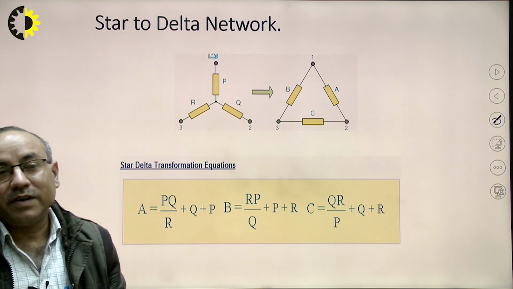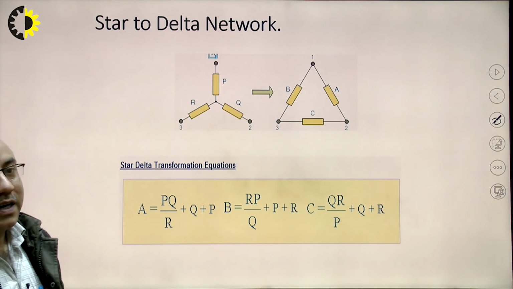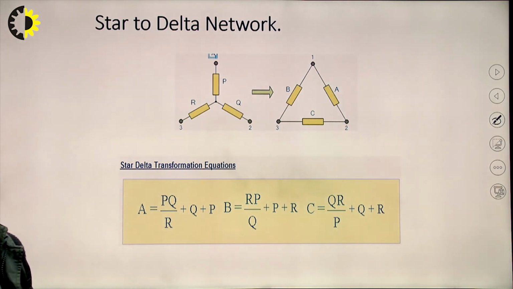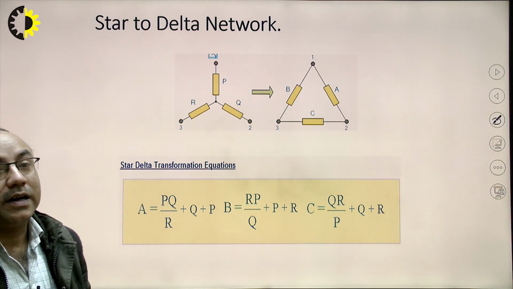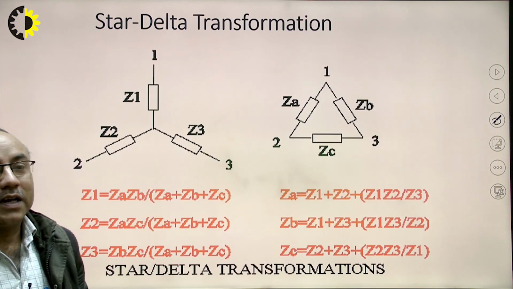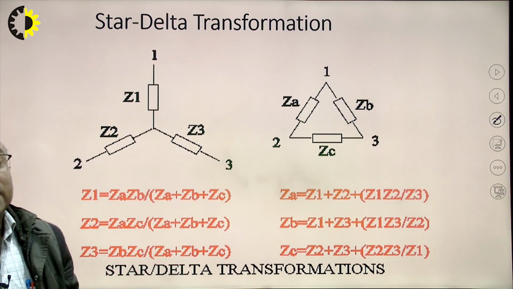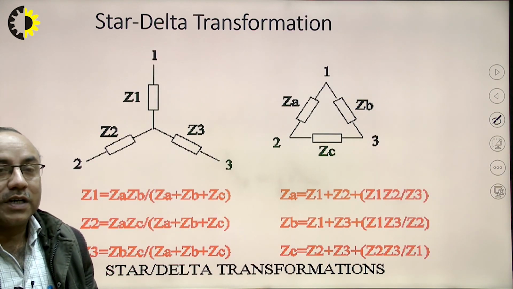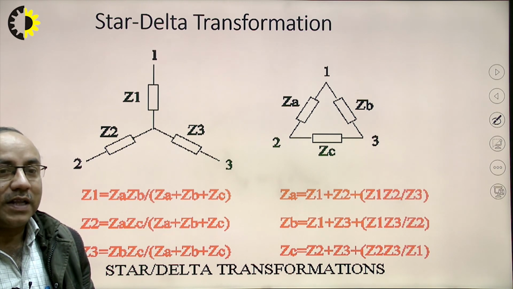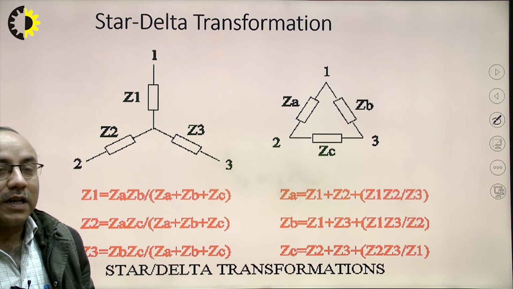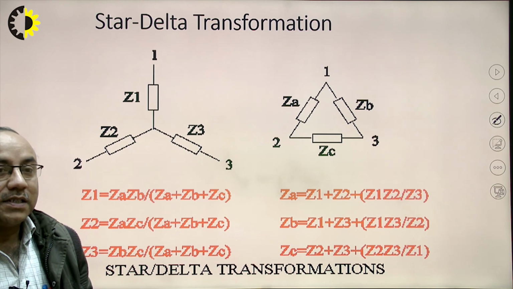So, that way we can convert a given star connected network into the equivalent delta connected network. So, finally, if we see star delta transformation, this is the complete formula that is shown here. On the left hand side we can see Z1, Z2 and Z3, the three impedances connected in star at the terminals 1, 2 and 3.